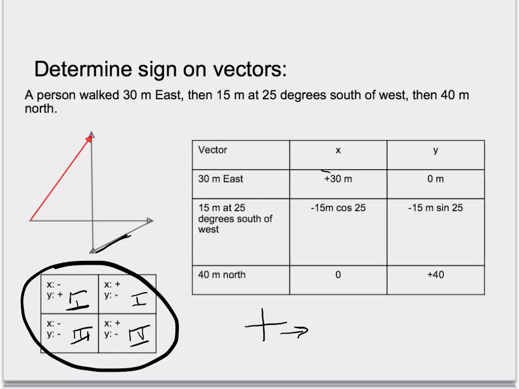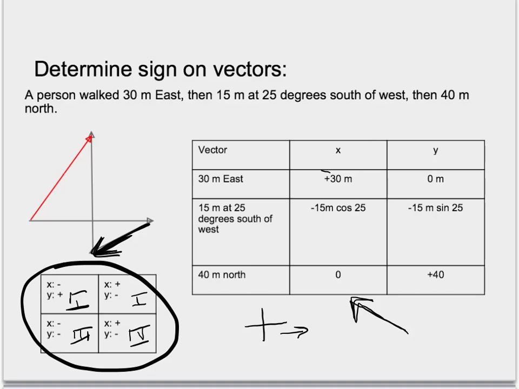So it's going down towards the third quadrant, south and west. So both its x and its y are going to be negative. It is possible to have your x negative and your y positive, because that means it's going up into the second quadrant.